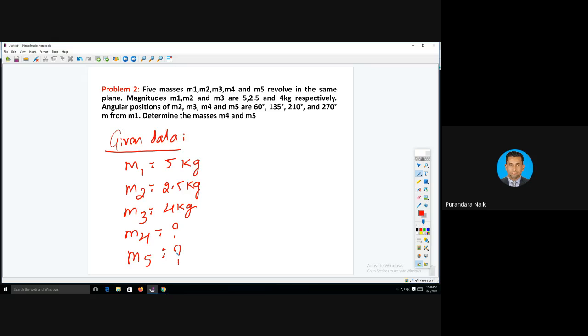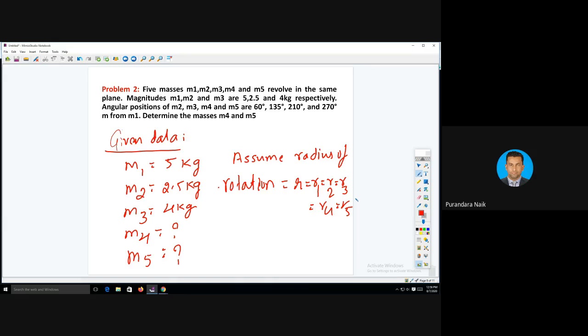That's why, for assumption, if the radius is not given, please make a note: you need to assume the radius of rotation R1 is equal to R2 is equal to R3 is equal to R4 is equal to R5.